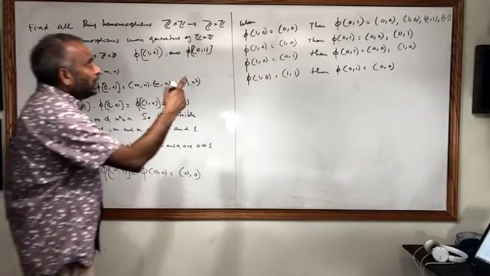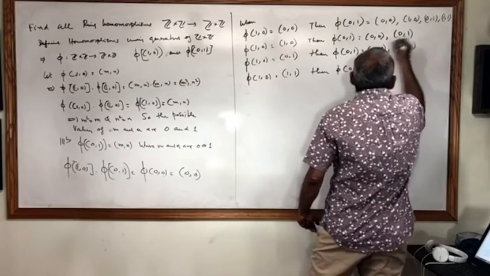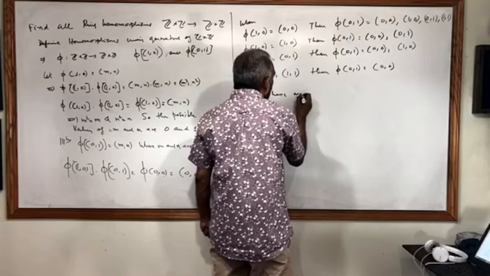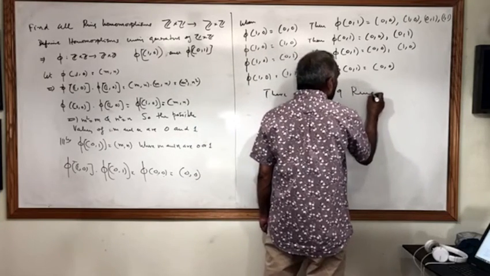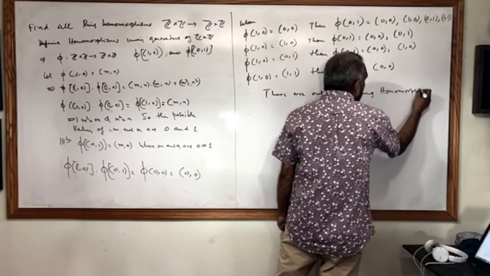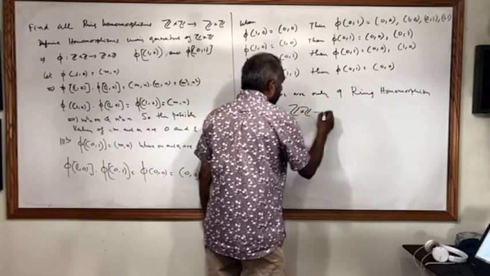So these are the only possible values. So 1, 2, 3, 4, 5, 6, 7, 8, 9. There are only 9 ring homomorphisms from Z cross Z to Z cross Z.